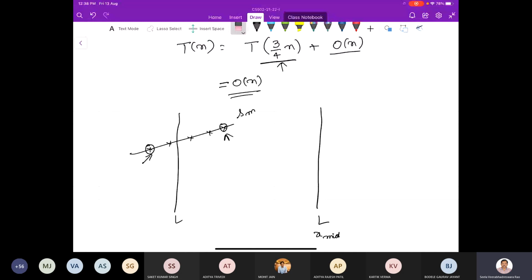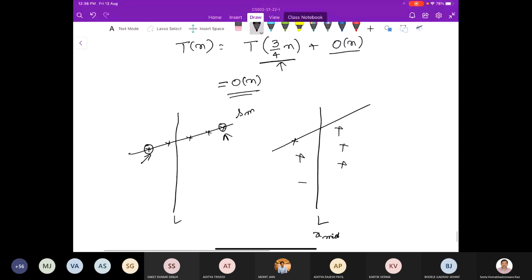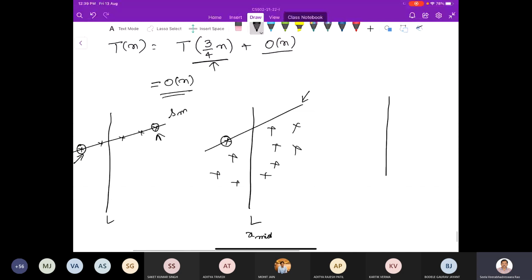Now, you have a point here. So this supporting line may be having a point only from the left side. Another possibility is that it may be having a point only on the right side.